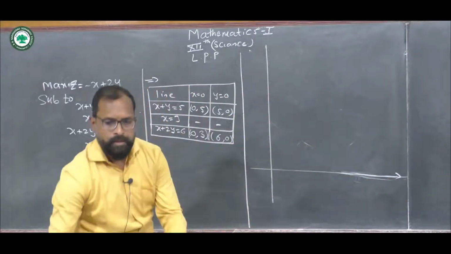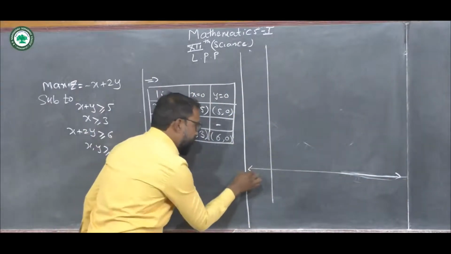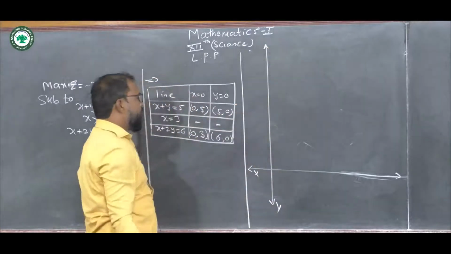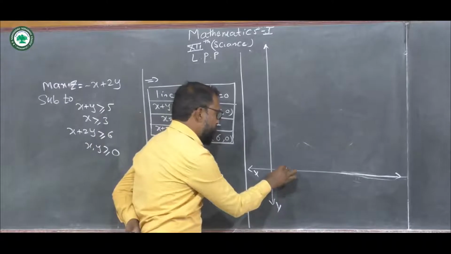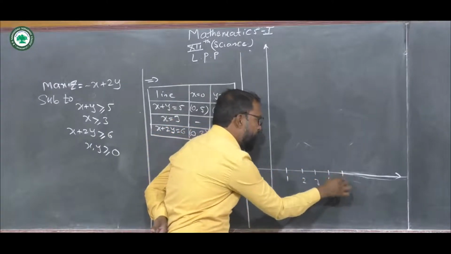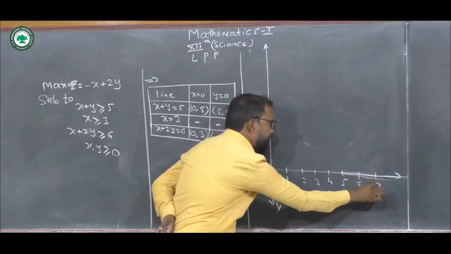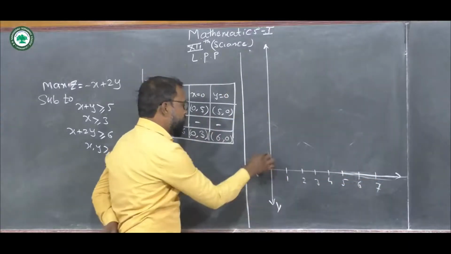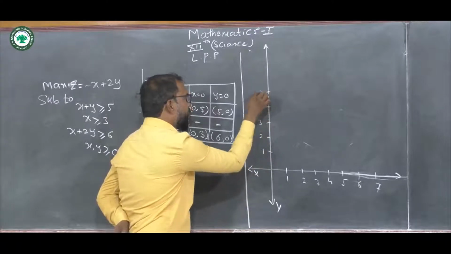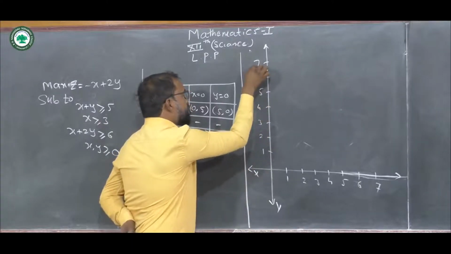Taking this graph, this is the x-axis, this is the y-axis, and taking the appropriate scales, this is suppose 1, 2, 3, 4, 5, 6 and 7. Similarly here 1, 2, 3, 4, 5, 6 and 7.